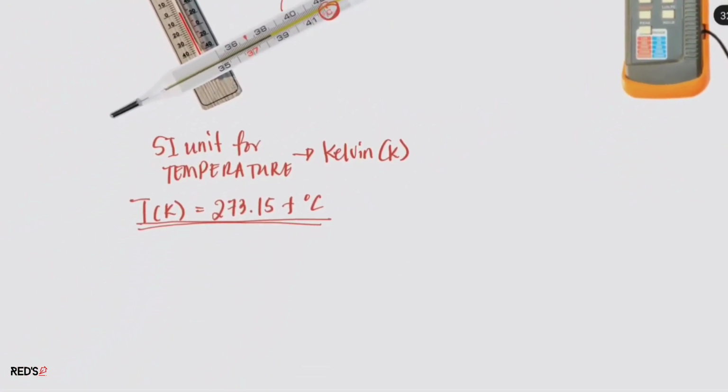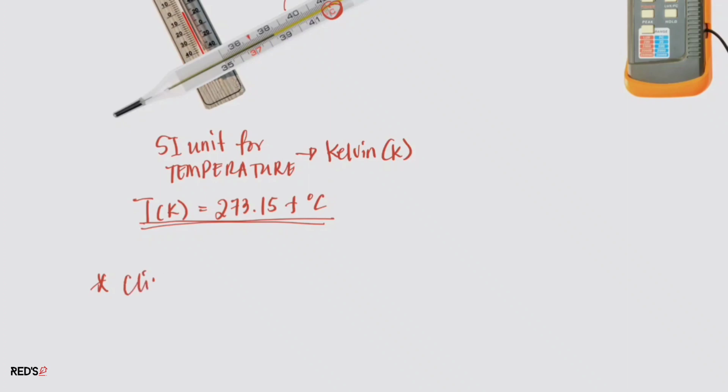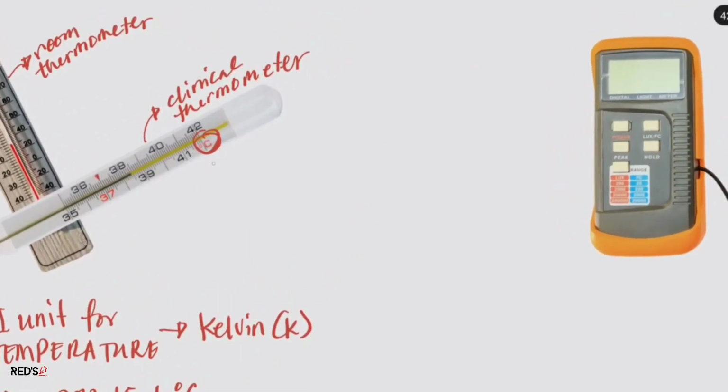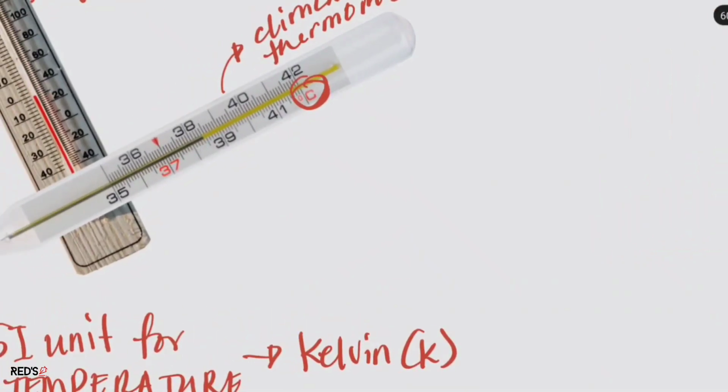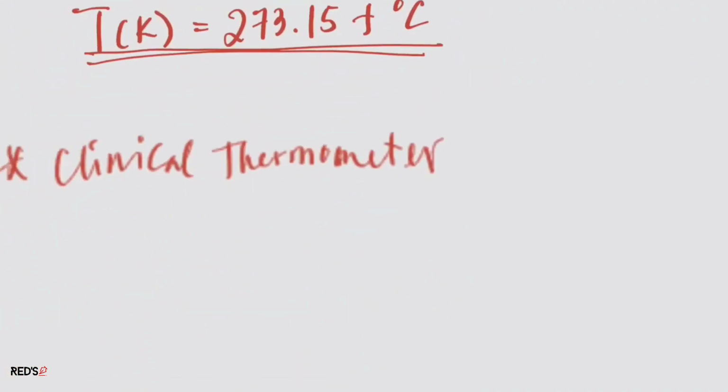So here, let's have the clinical thermometer. This one is, let's just zoom in, more than 38, but it's before 39. So that's also before 38.5. So that is around 38.4 degrees Celsius.